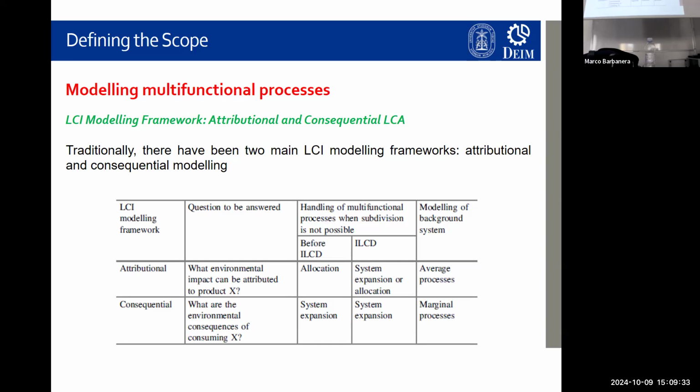Okay, so if we focus the attention on the secondary data, if we want to carry out an attributional LCIA study, we consider for these secondary data average data obtained by considering different technologies for that process, by considering different efficiencies. So in the database or in the software, you can find average data, for example, for the environmental impact of 1 kilowatt-hour of electricity produced in Italy.